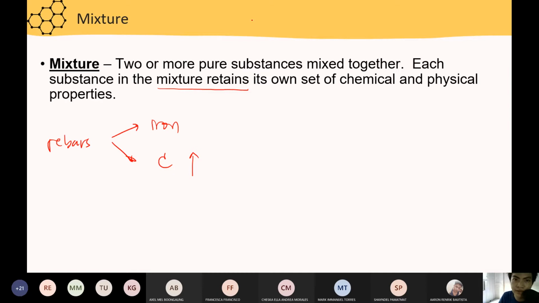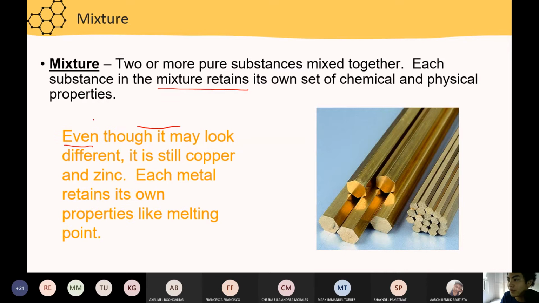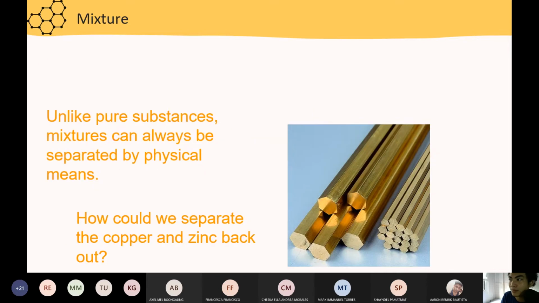So it should be in the right composition. The amounts of carbon and iron need to be proper. That's what our engineers research. For example, our bronze, copper and zinc, they have distinct properties as well. Copper melts at a different temperature than zinc.